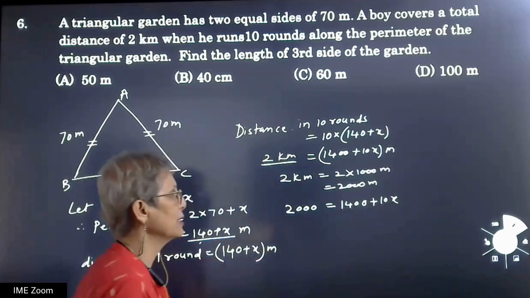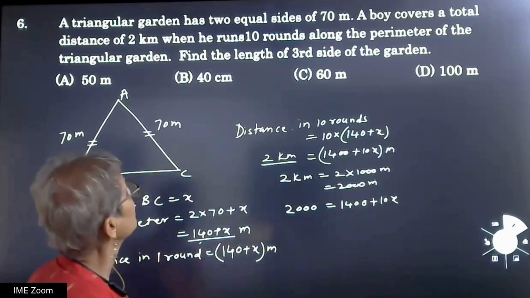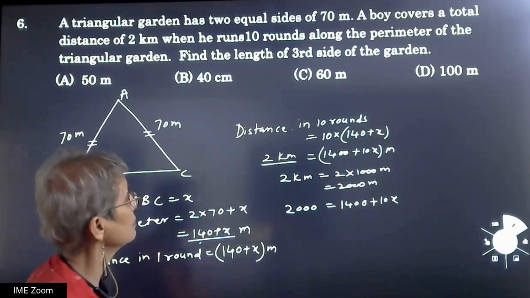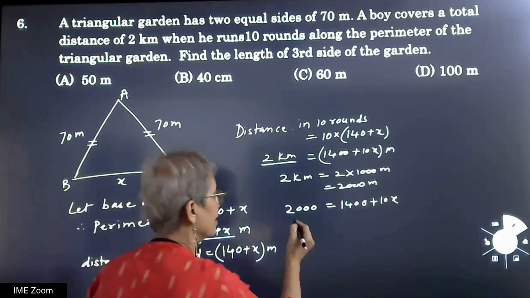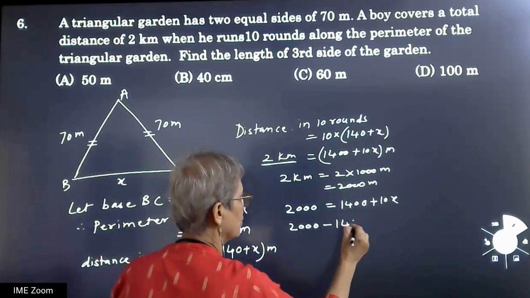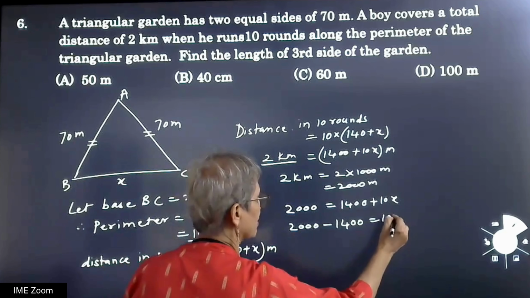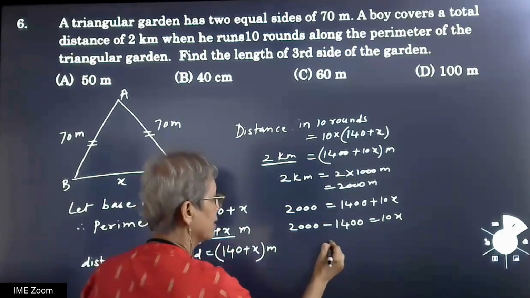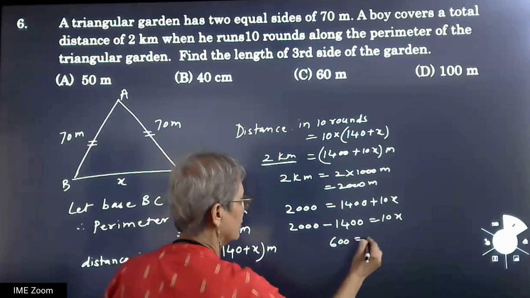Let us bring it on this side. That is 2000 minus 1400 equal to 10x. This is nothing but 600 equal to 10x.